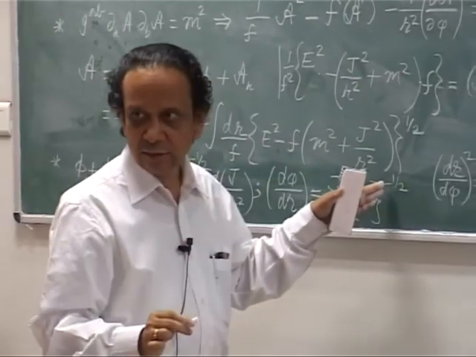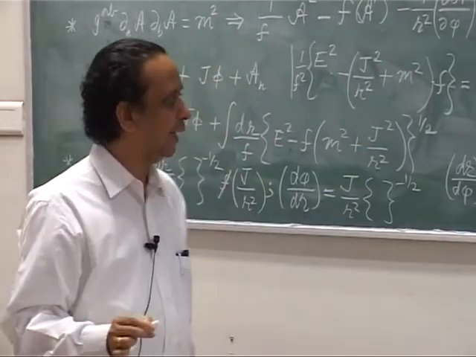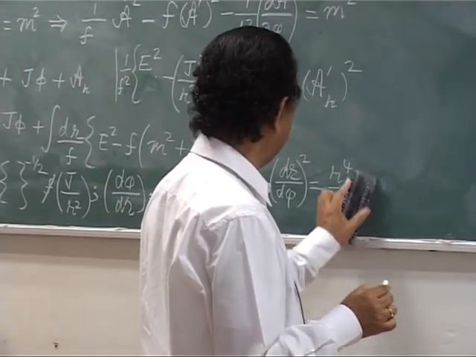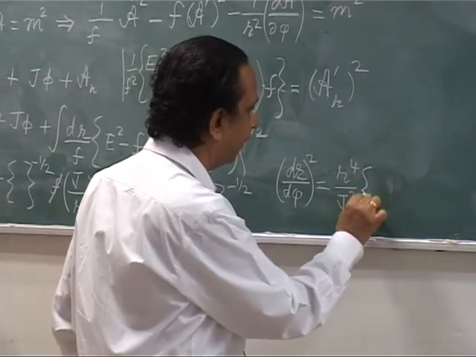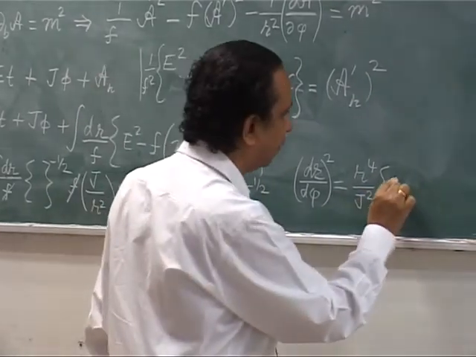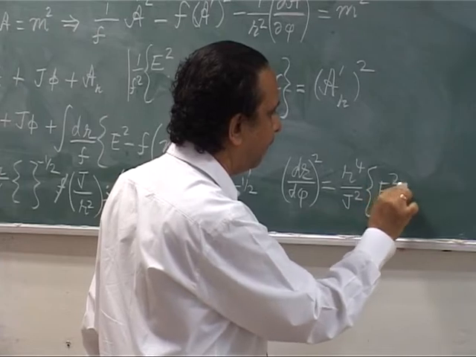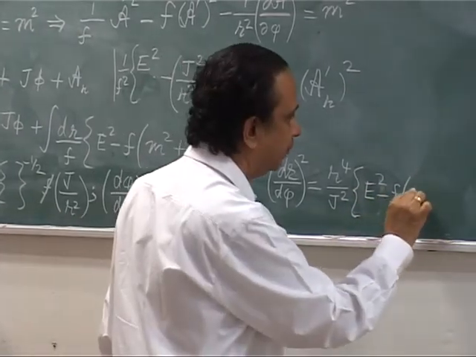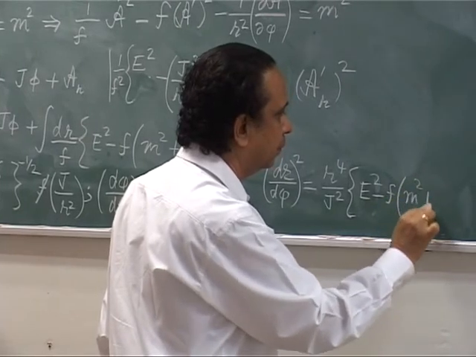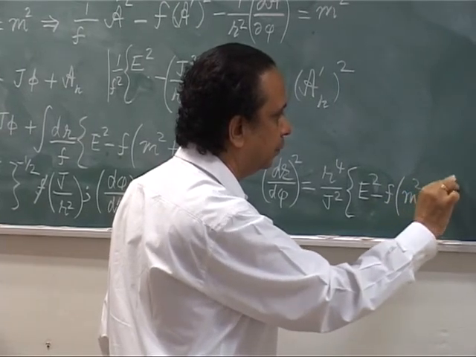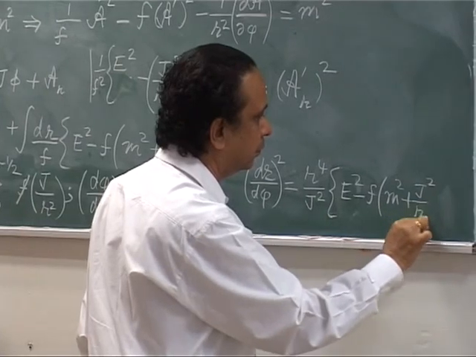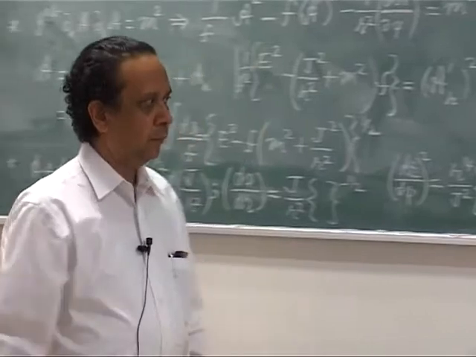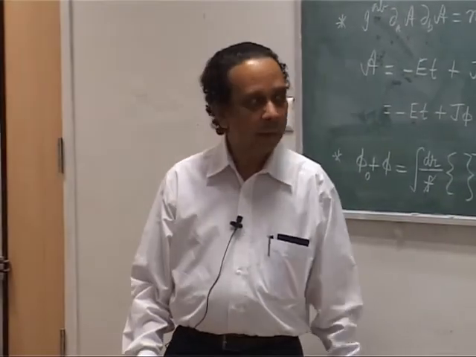When I invert, the minus sign goes away, then I take a square, so it is just that. Again maybe I can write that down explicitly in the final form. So it is E square minus f into m square plus j square by r square. Okay, so this is what we have.